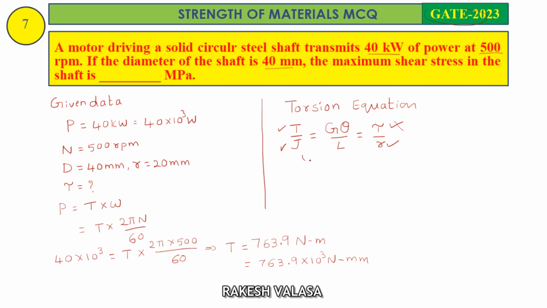So let us take these two terms, that is T by J equal to tau by R. From this equation, tau equal to torque into radius by J. J is pi by 32 d power 4.